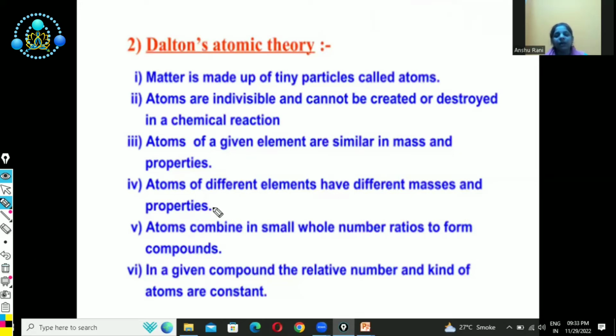Then if you are saying atoms of different elements have different masses and different properties, then comes the case of isobars. Isobars are atoms of different elements having different atomic number but the same mass number. Like here you have argon and calcium.